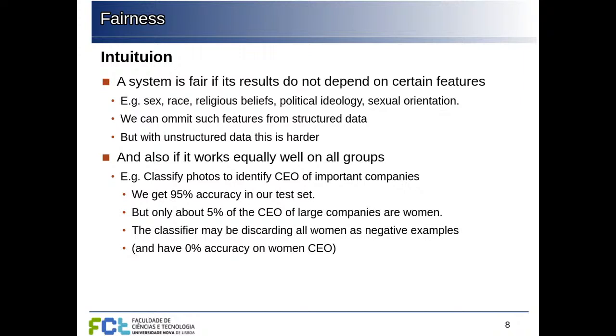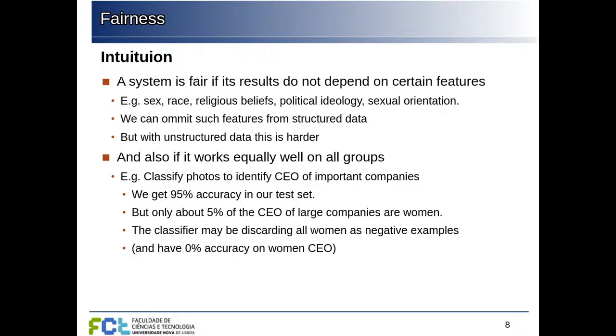Another important aspect of fairness is that our system works equally well on all groups. So imagine that you are creating an image classifier that identifies people that are the chief executive officer of important companies. So we have important companies and we want to find them from the pictures. Suppose that we have a very good model that has 95% overall accuracy on the test set.